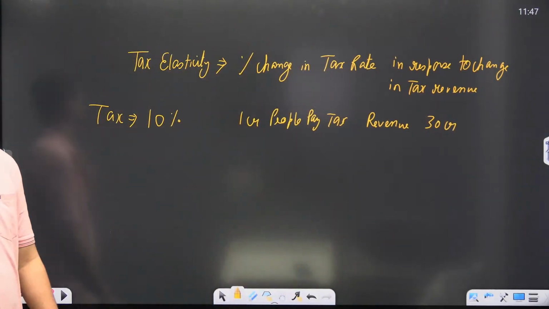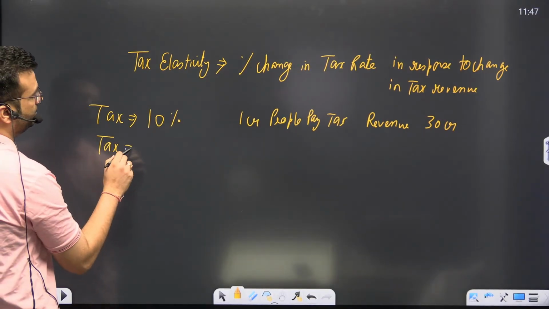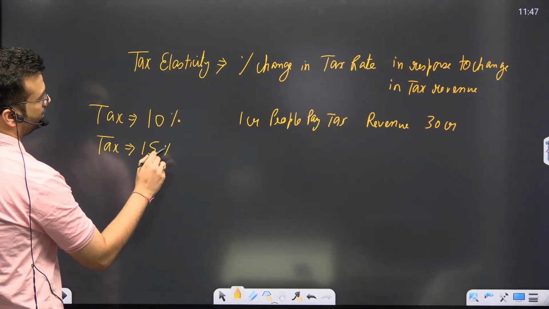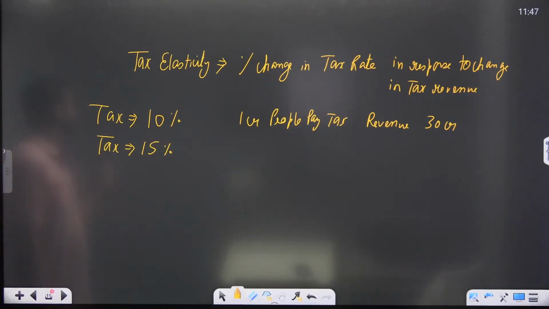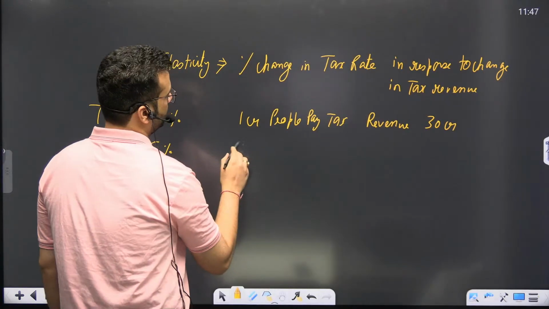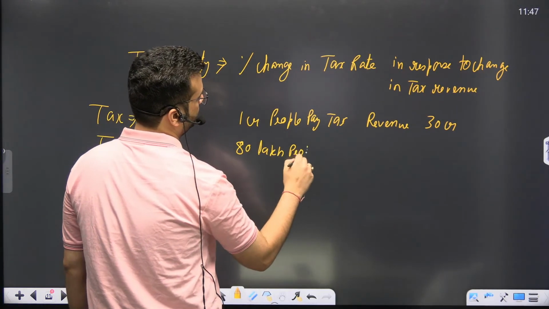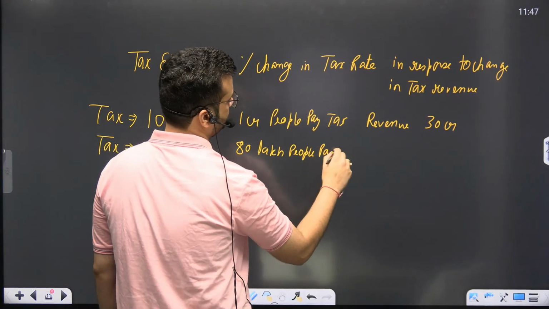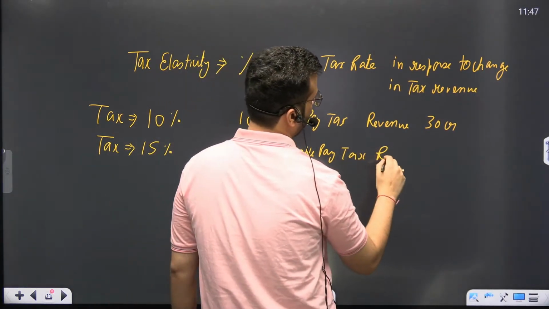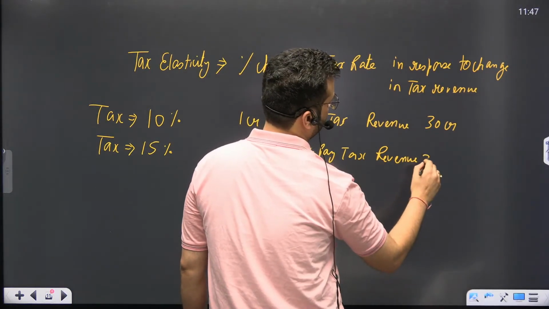When the tax is increased to 15%, might be 80 lakh people pay tax, revenue may increase to 31 crore.